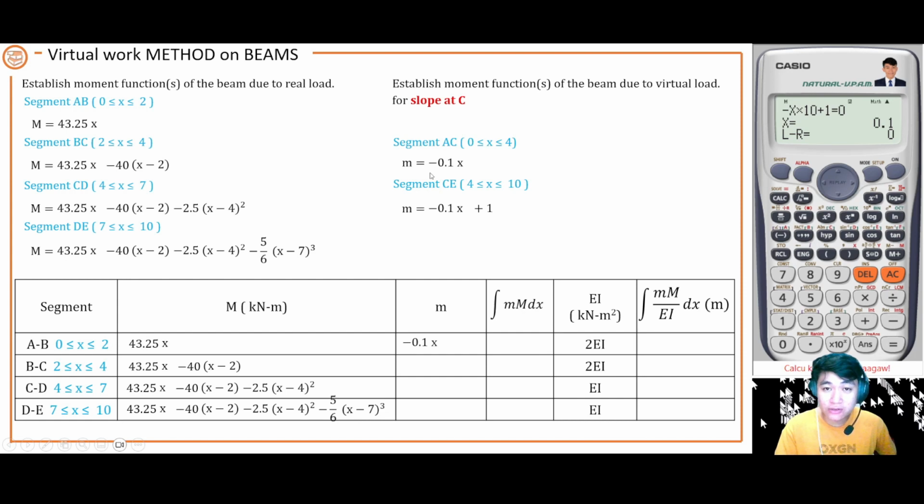B to C is also part of A to C, so we will still use negative 0.1x. For C to E, so this is for two segments already, negative 0.1x plus 1 and another negative 0.1x plus 1. So we'll just perform this using our calculator.